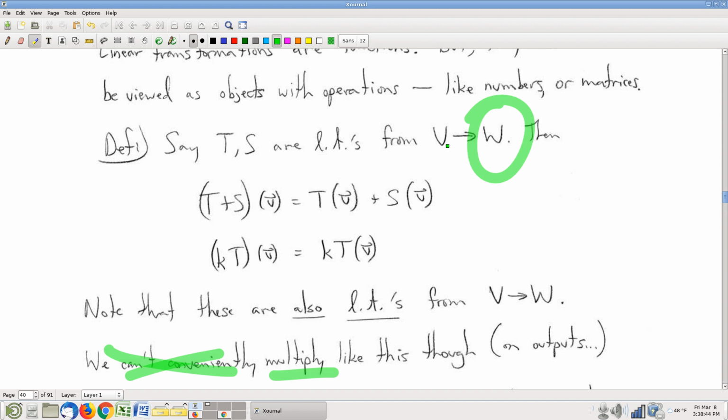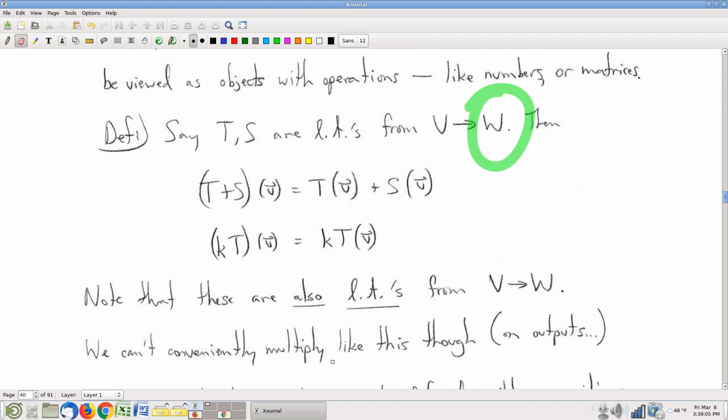The reason we can't rip off the vector multiplication in W is because there is no vector multiplication in W, right? W is a vector space. There's an addition operation. There's a scalar vector multiplication. There is no vector multiplication. So we're going to have to deal with that differently.